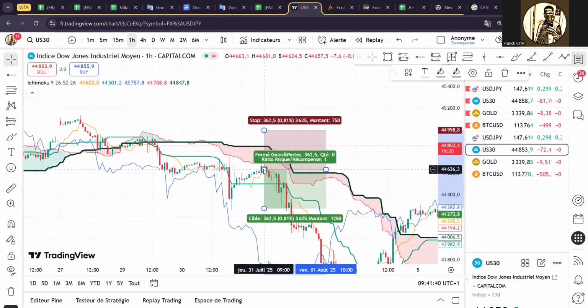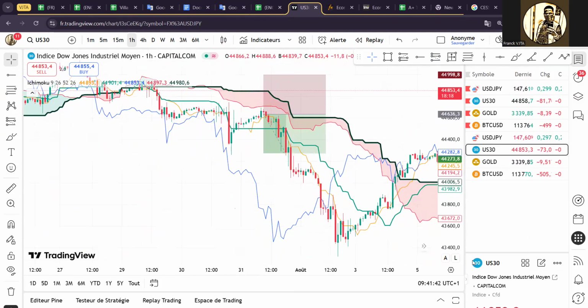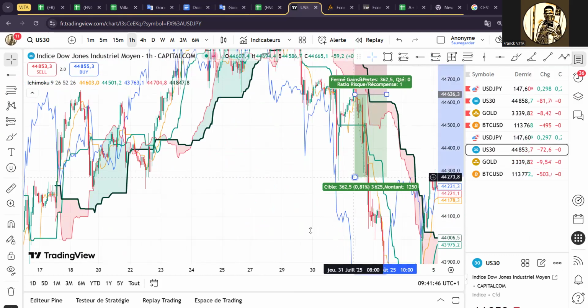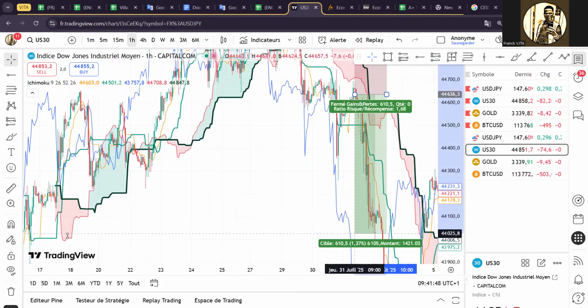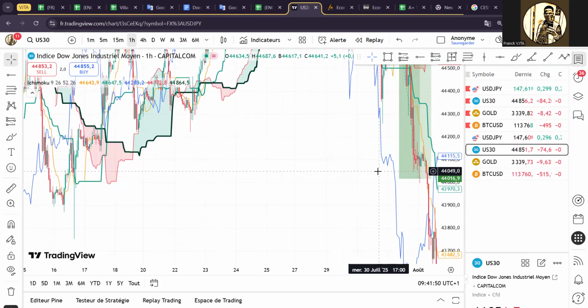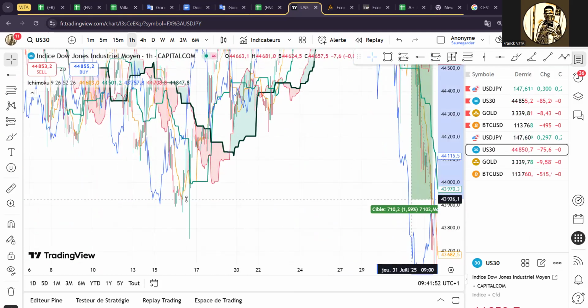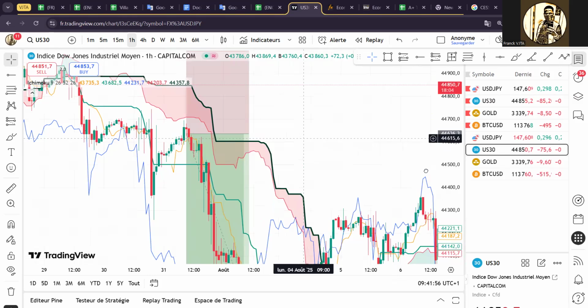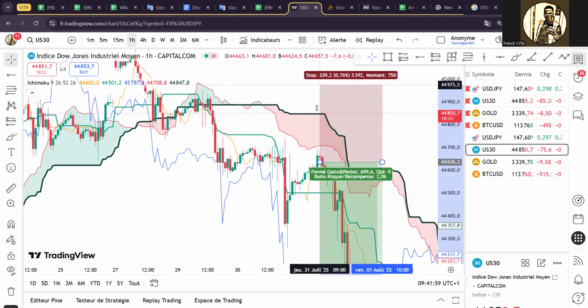Let us say that you sold here, right? You have many stop losses. Let us take a take profit just at this Tenkan mountain just here. So we have this.